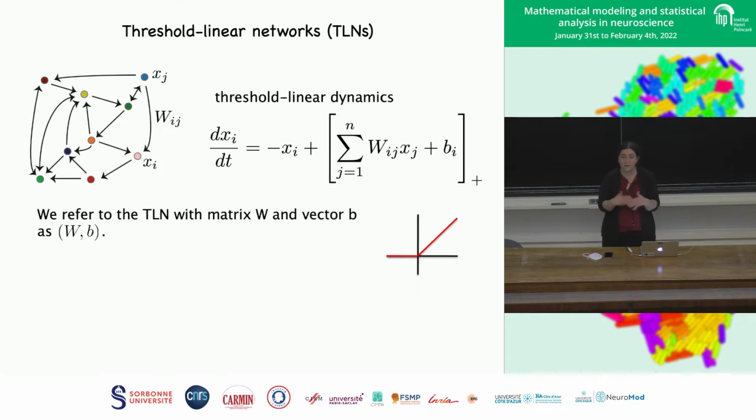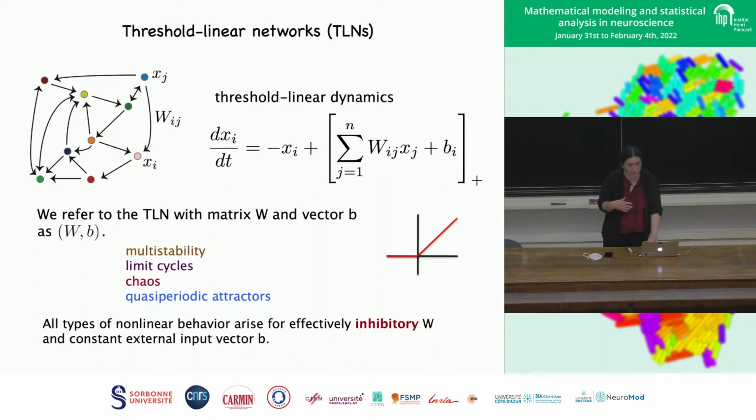The data that specifies a particular threshold linear network is the pair: the matrix W and the vector b. The brackets with a plus denote the threshold nonlinearity, the maximum between 0 and the argument of the function. The machine learning people like to call that ReLU, the rectified linear unit.